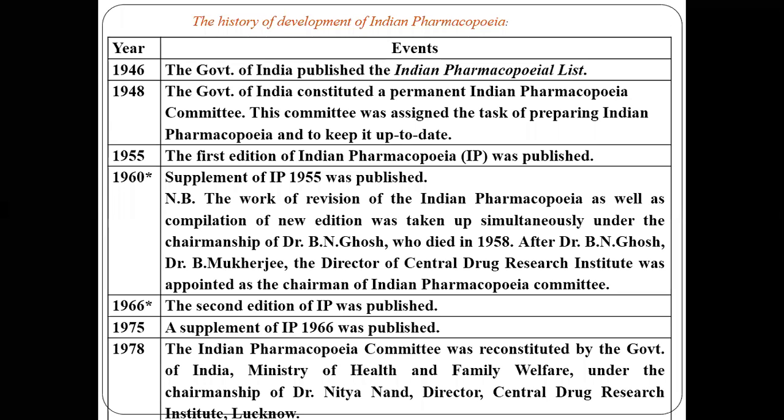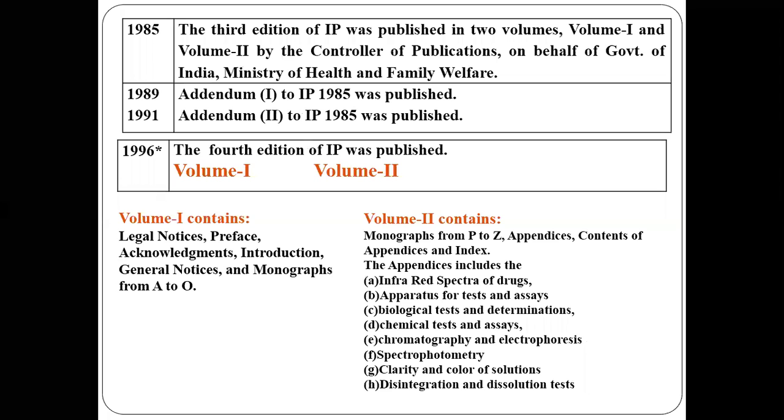Finally, in 1955, the first edition was published. Then in 1966, the second edition, and in 1985, the third edition of Indian Pharmacopoeia was published.